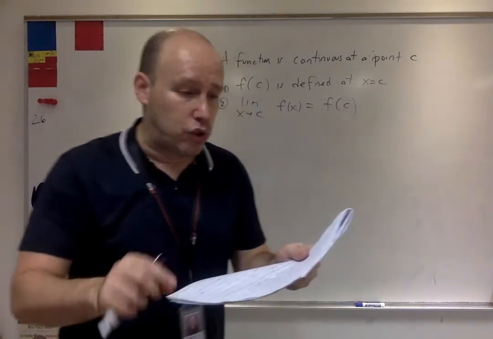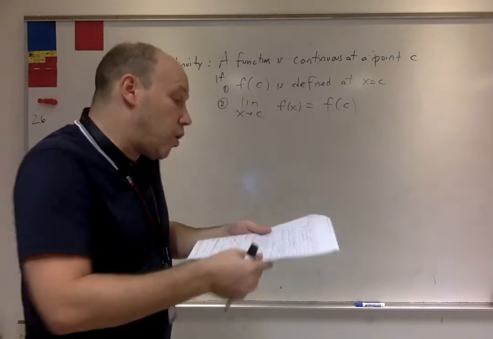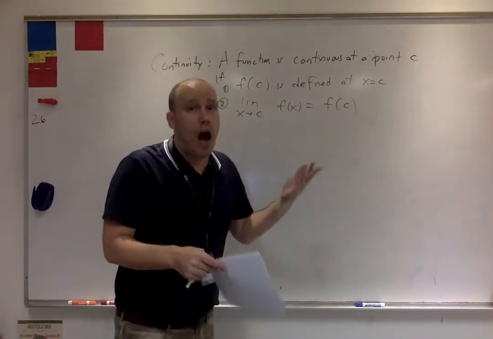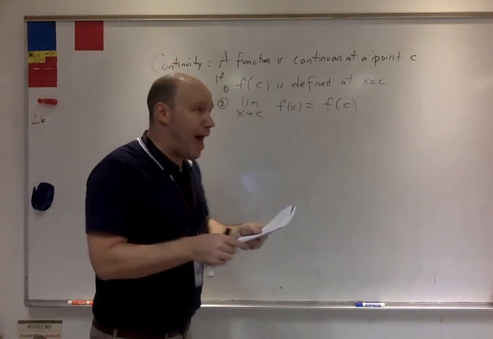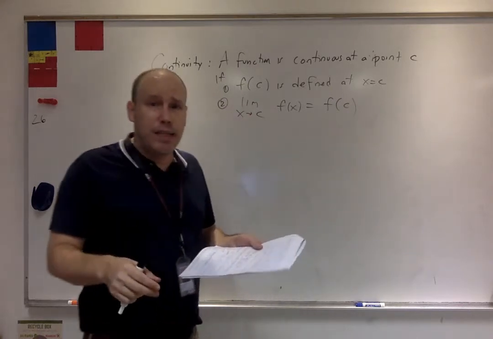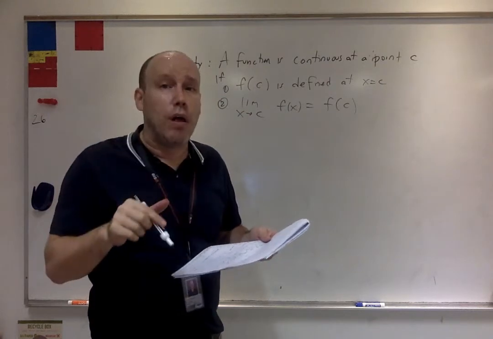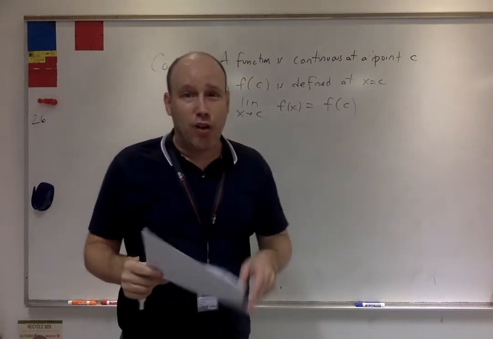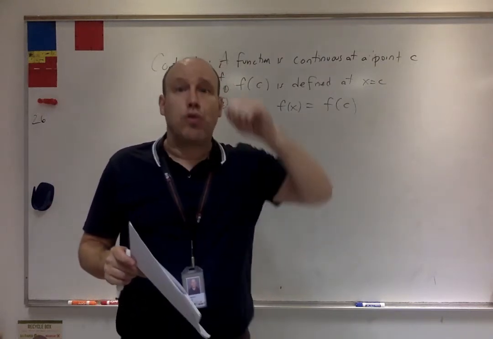You'll have my notes. So we saw discontinuities. It might have been defined at C, but you had to lift up your pencil. Either you lifted up your pencil because there was a hole, or there was a total jump.